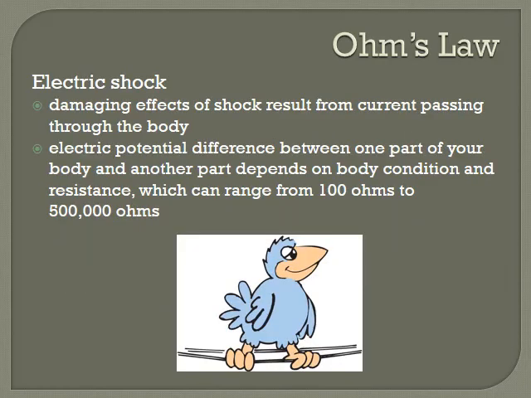Okay, so in order to understand why you can get shocked by stuff, let's think back to the comparison between gravitational potential and electric potential we talked about. Imagine you're standing on the top of a tall roller coaster hill, or even the top of a tall skyscraper. When you're standing up there, you've got a large amount of gravitational potential, right?